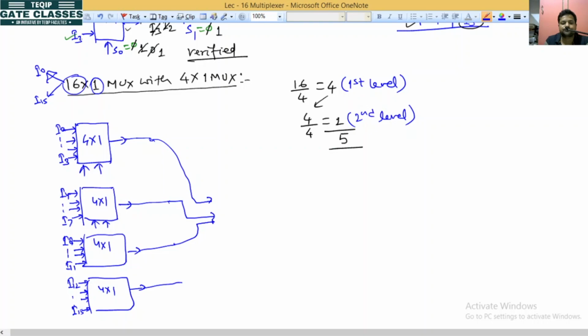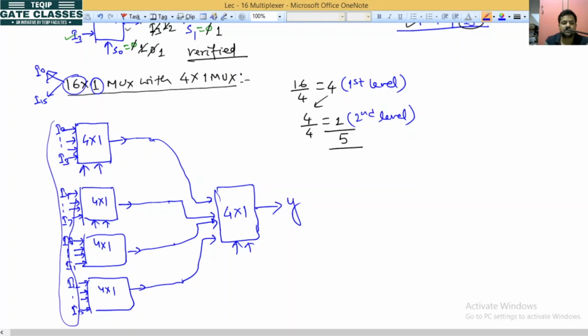Okay, so what we have? Again we have one more 4x1 mux. Okay, now it will have only one output. Now we have 16 inputs here, okay, and one output here, that is 16x1 mux.